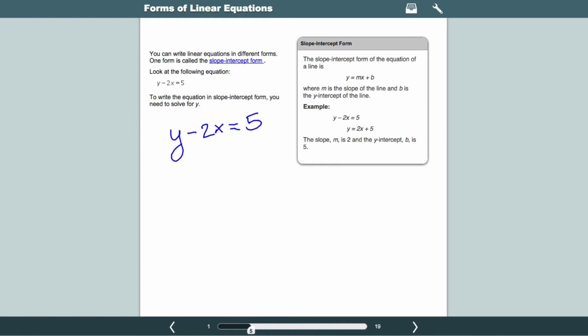Now, if you remember, I said the y-intercept is just when x is 0. So if I turn that to 0, let me rewrite that. y minus 2 times 0 equals 5.